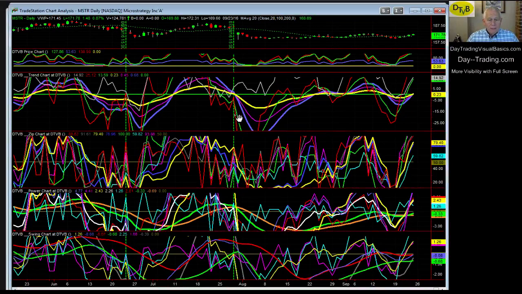zero line. In going into the zip chart, in this case we have zip yellow as highest, and we're also looking at a little bit of a triple top going down pattern in the zip yellow and the zip blue. And that doesn't hurt a bit to have one of those if you find them.